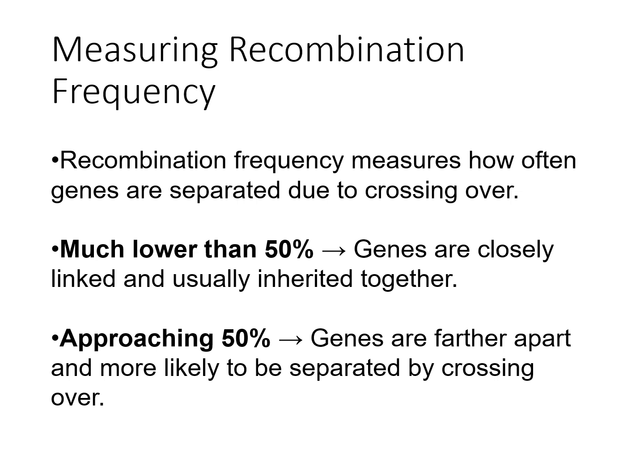If the frequency is approaching 50%, it suggests the genes are farther apart, or even on different chromosomes, where they undergo random assortment. This makes recombination frequency a valuable tool for studying gene linkage and constructing genetic maps without sequencing the entire genome or identifying every gene responsible for each trait.